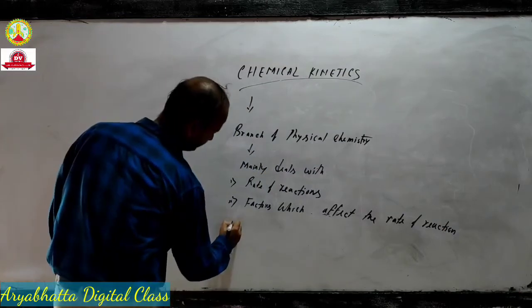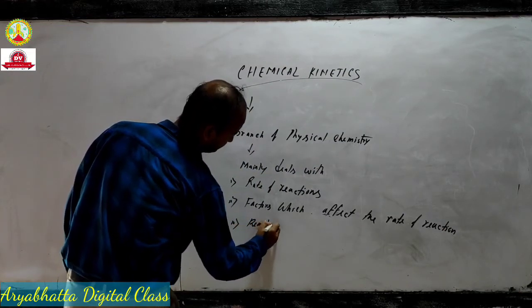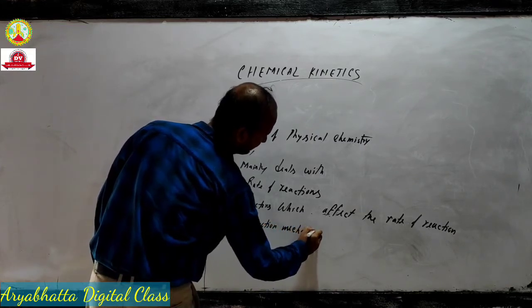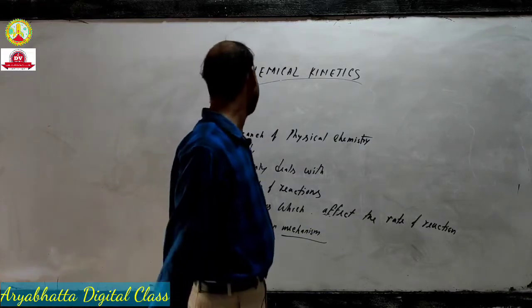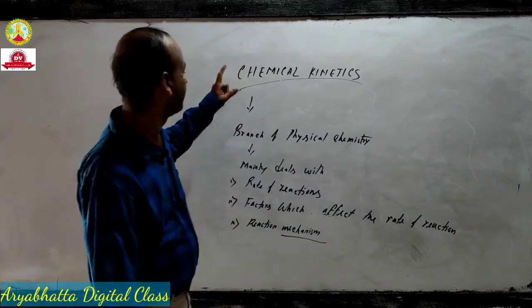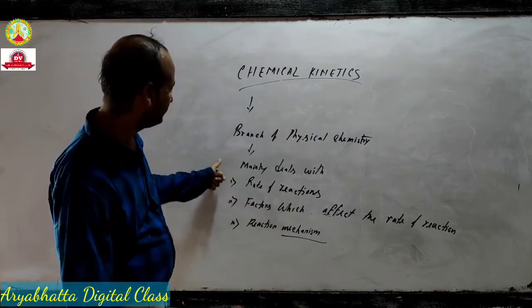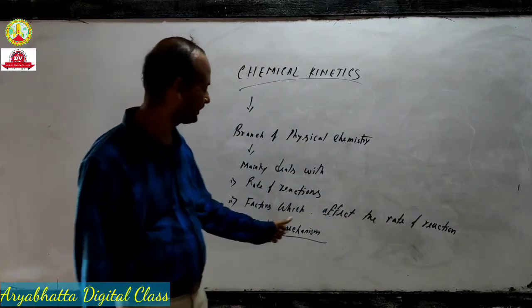Number 3, reaction mechanism. Mechanism means how the reactions occur. Again I repeat, this chapter, a branch of physical chemistry, mainly deals with the rate of reaction, factors which affect the rate of reaction, and reaction mechanism.